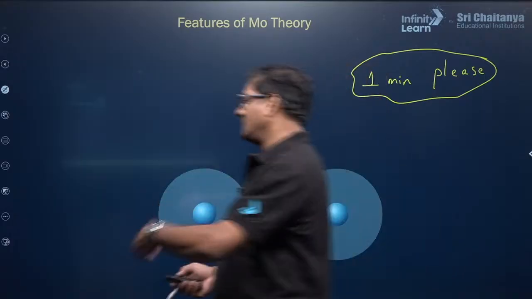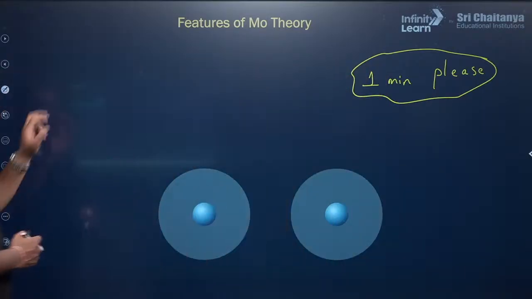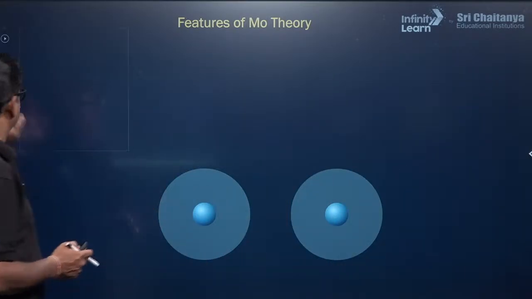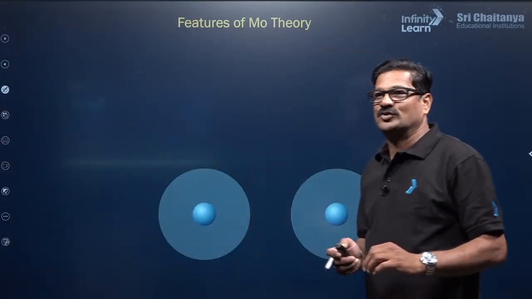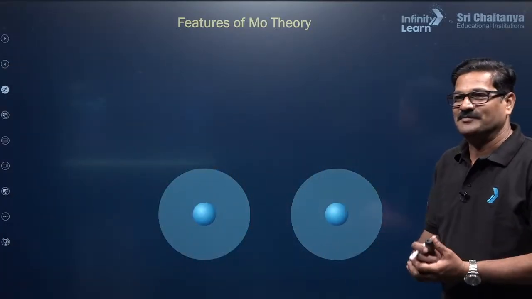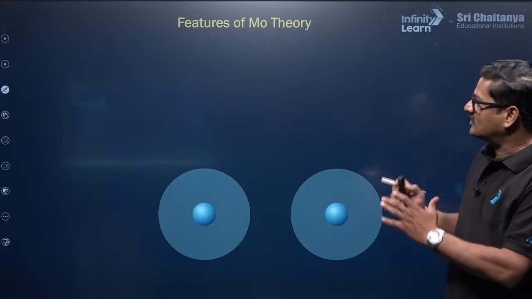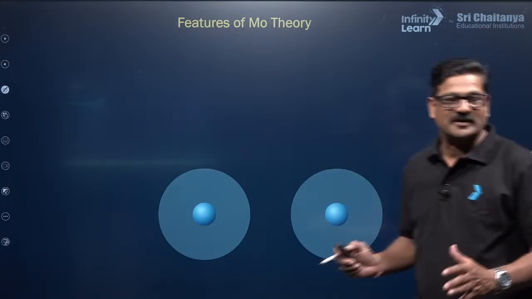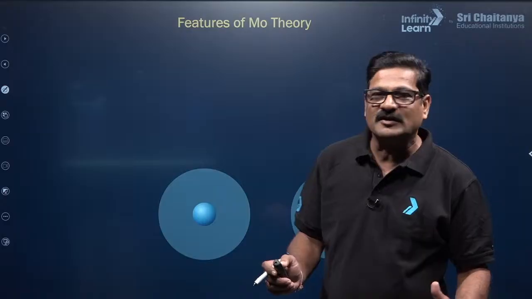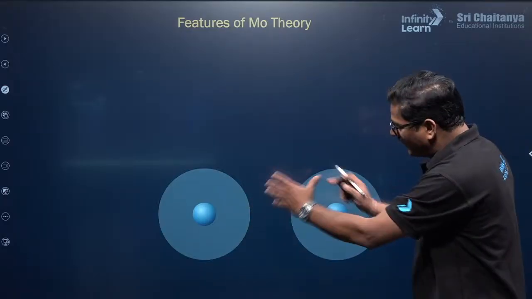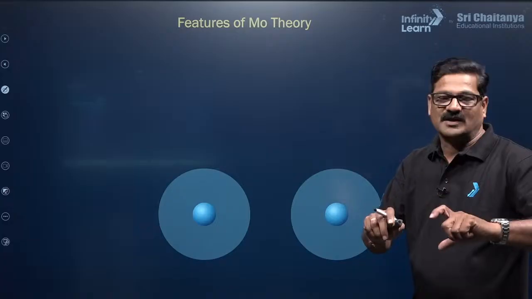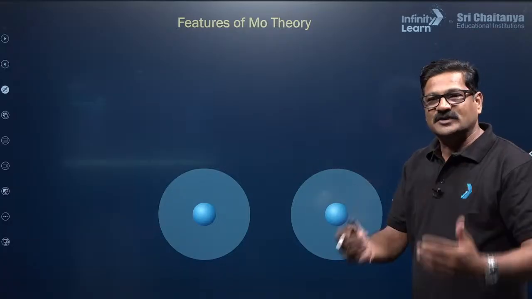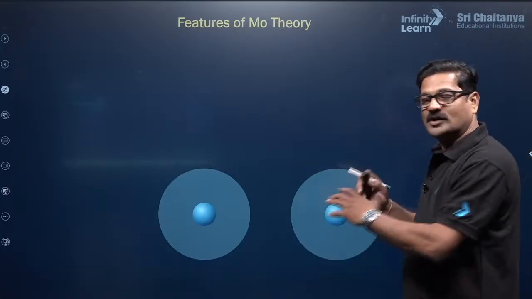So moving ahead, how can molecular orbital theory be explained on the basis of this? Let us talk about the features of molecular orbital theory. According to molecular orbital theory, the bonding atoms combine to give rise to the molecule. While combining, all the atomic orbitals present in the molecule combine.